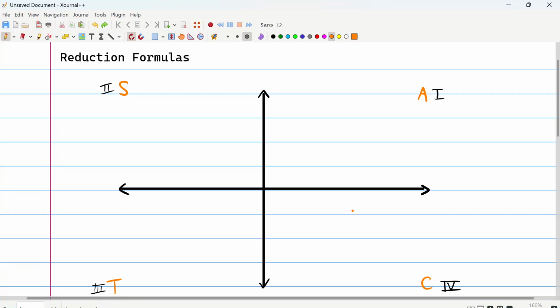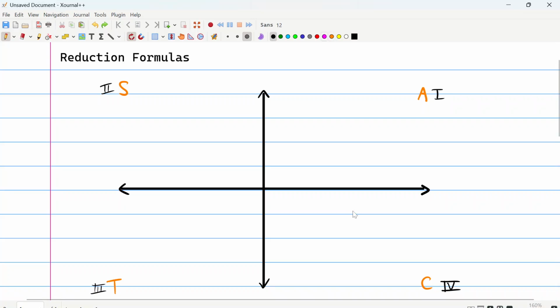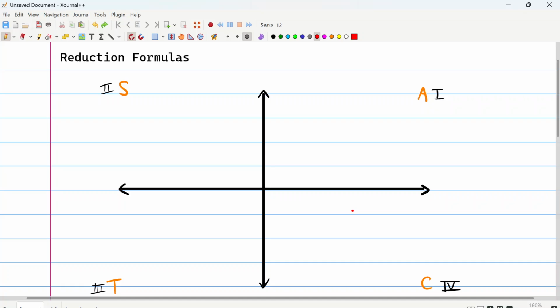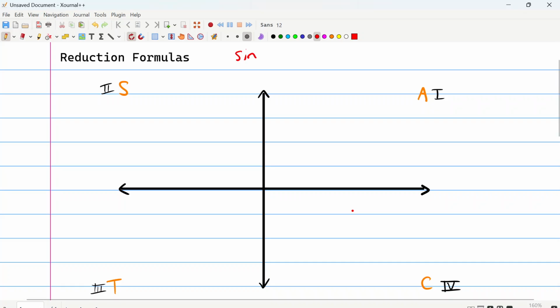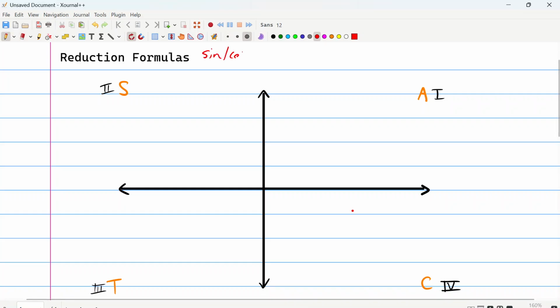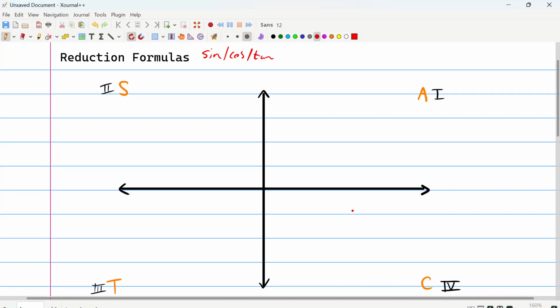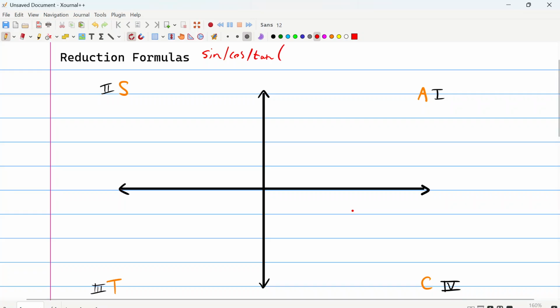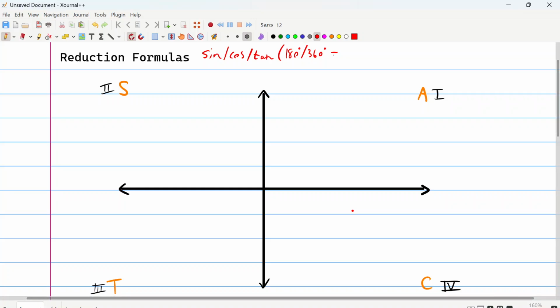Now with reduction, usually it comes in the form of when we have maybe a trig function. So let's say, for example, sine, and we have some angle. It can either be sine, cos, or tan, and then it will be of either 180 degrees or 360 degrees, plus or minus some theta.